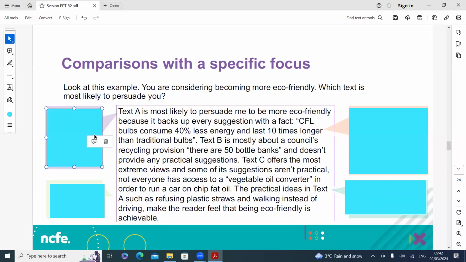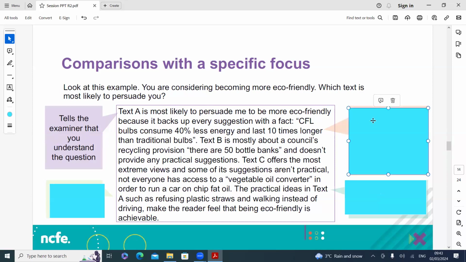Good. So straight away, they have said which text is likely to persuade them. So they've told the examiner that they understand the question straight away, and then used the rest of the answer to explain why, to make those comparisons.